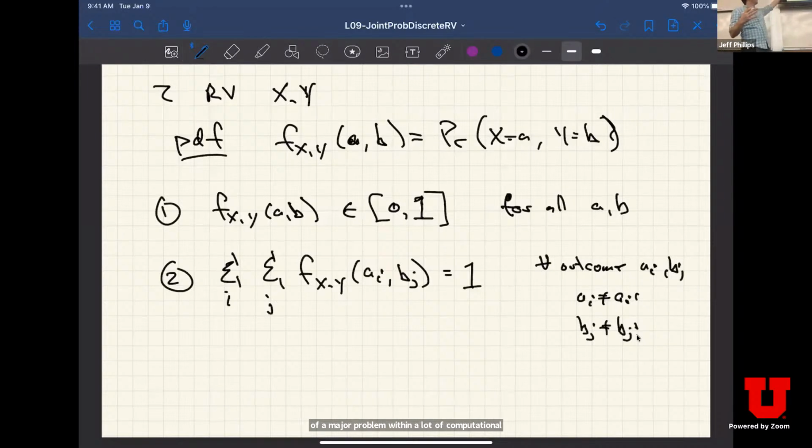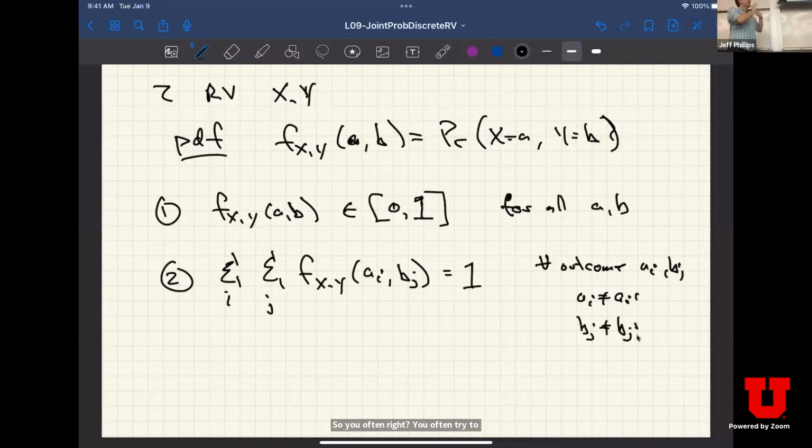You often get access to a function like f, so-called the likelihood, that you don't know how to normalize. You know things are proportional to that value and they add up to some constant, but you don't know what that constant is, and you need to divide through by the constant so it becomes 1. But summing over all possible things becomes computationally too painful, so you often try to work around this in some way.